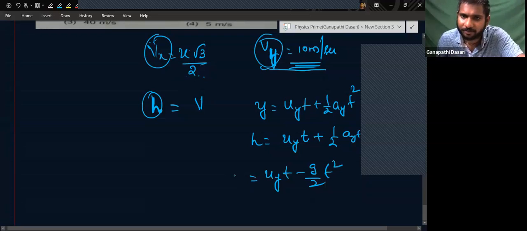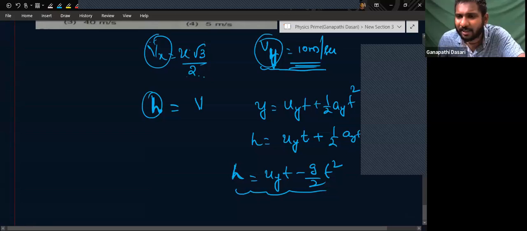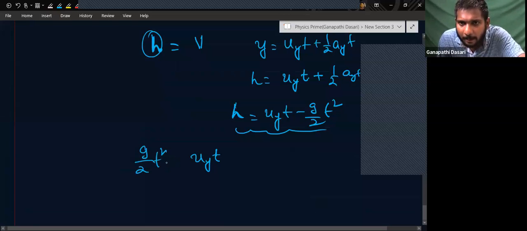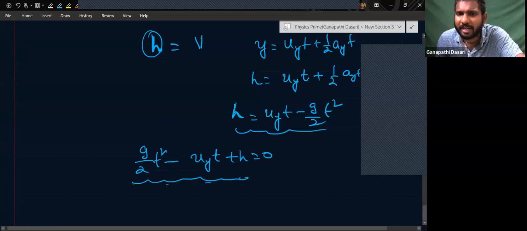Then am I getting a quadratic? Yes, g by 2 t square minus uy t plus h is equal to 0. Now a quadratic will have two roots.